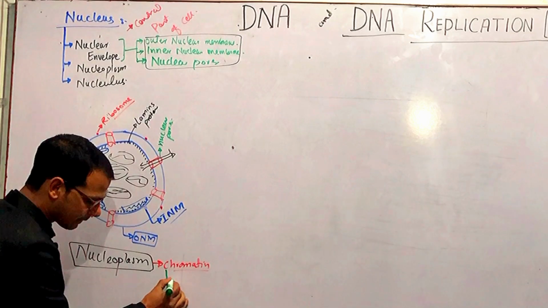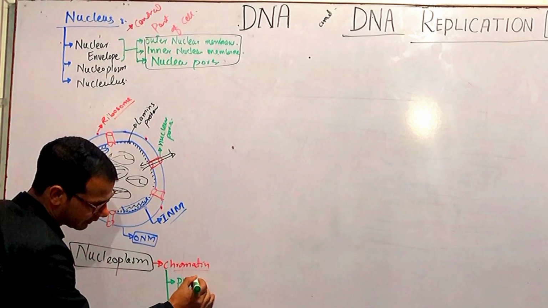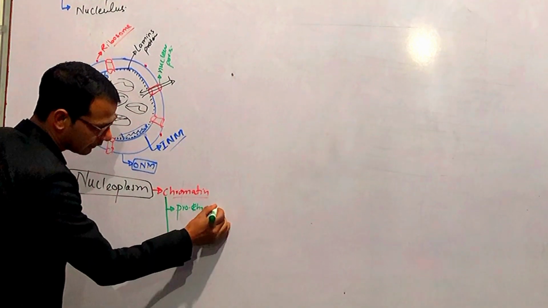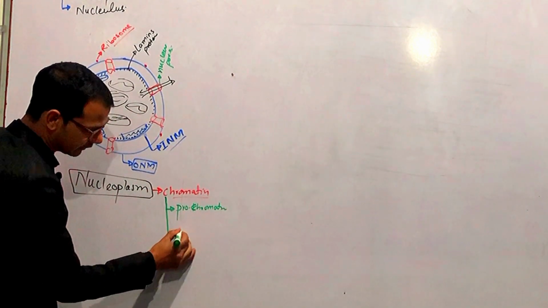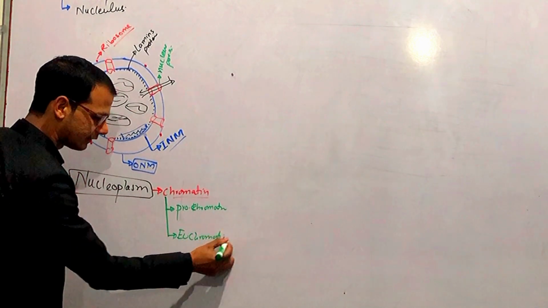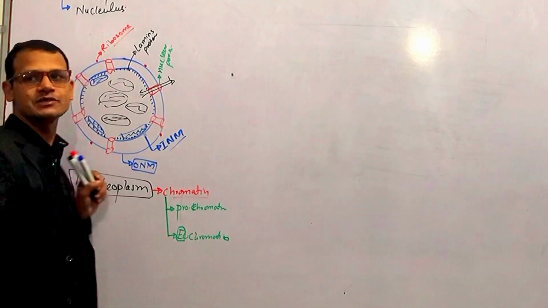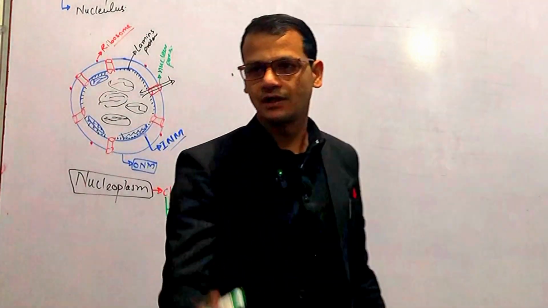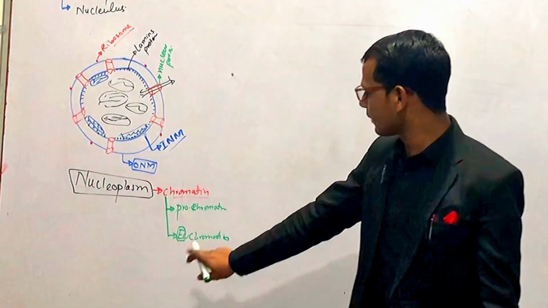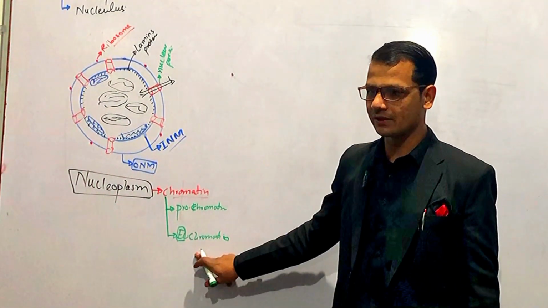One is pro- or heterochromatin, and the second is euchromatin. From this E, you can remember this expression, gene expression. The chromatin which is involved in gene expression is euchromatin.